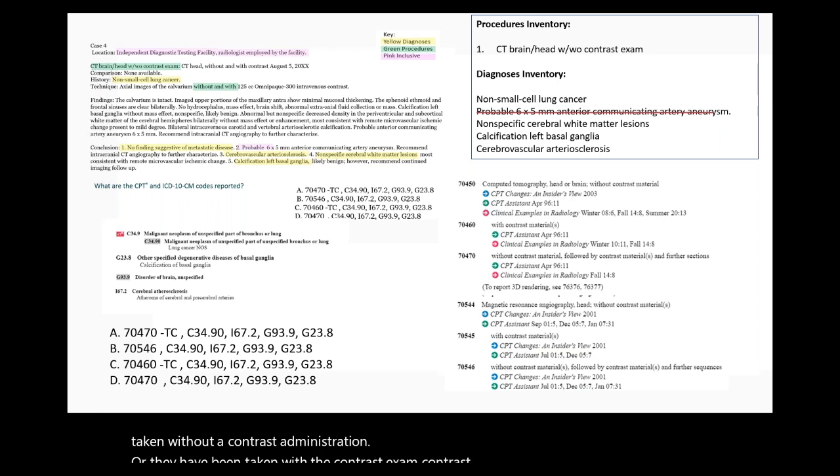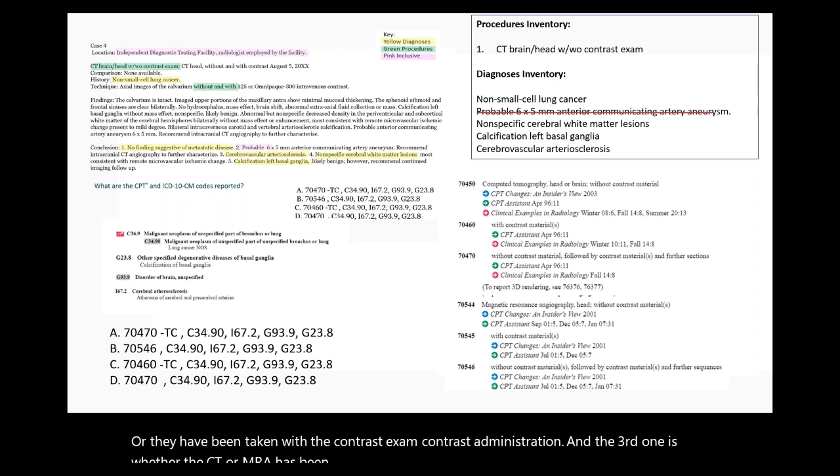And the third one is whether the CT or MRA has been taken without a contrast exam followed by a contrast administration. So you can see how they are classified in the CPTs. They will be in a similar manner, which I've just explained. Okay, now let's come back to this scenario.